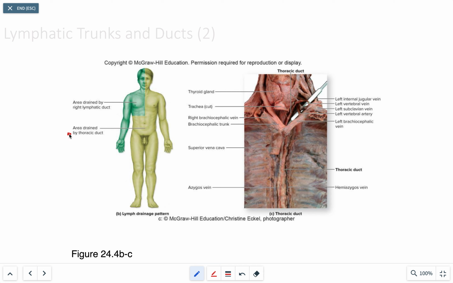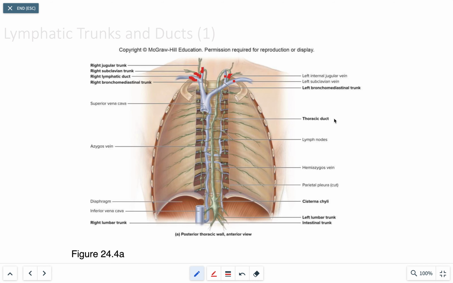The next area would be the thoracic duct. It's the largest lymphatic vessel, so I'll just back up again. When we're looking at the thoracic duct, you can see it here. It's extremely large. It runs the full area of the torso, basically to the division of the diaphragm.